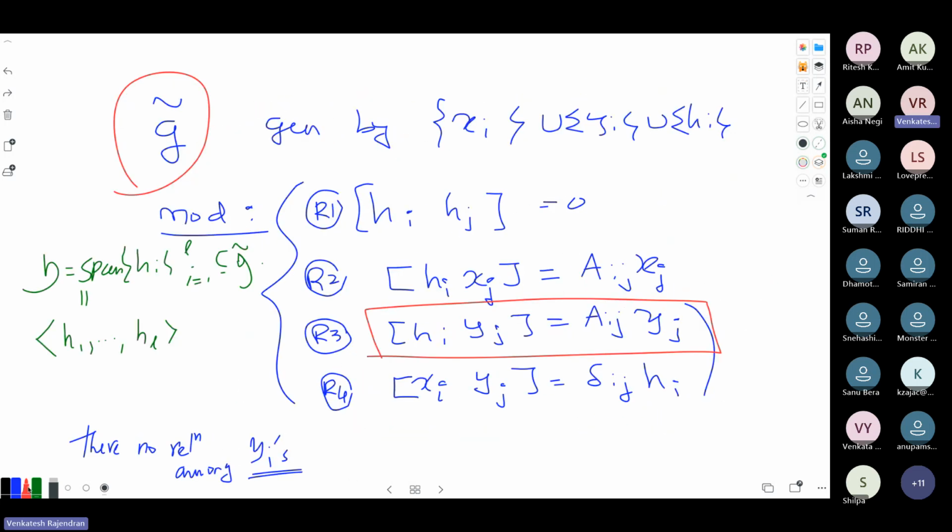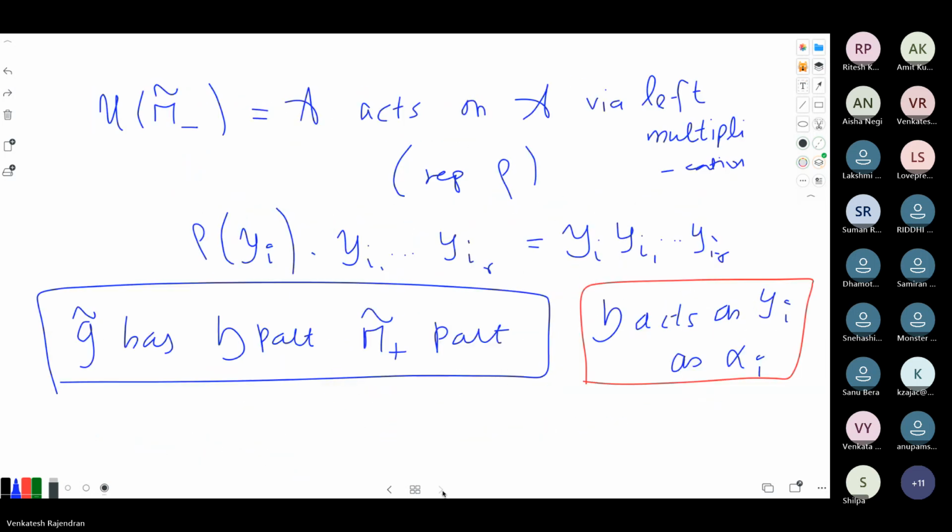So this is a minus alpha. That means it has to act on the product as minus alpha_{i1} minus etc. minus alpha_{im}.